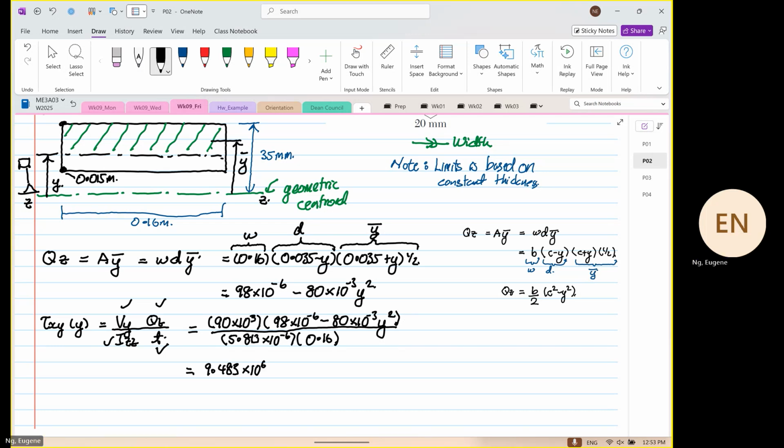Okay, minus 90 to the power 3 divided by 5.813 to the power minus 6 divided by 0.16 times 80 to the power minus 3, 7.741 times 10 to the power 9 y squared. How do you know that this is right?